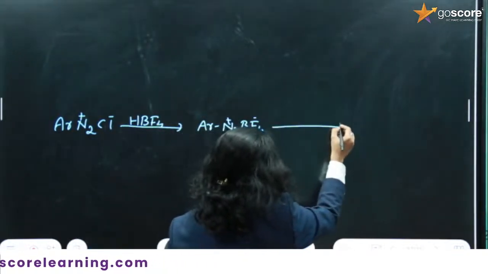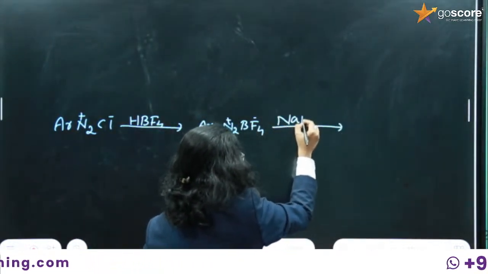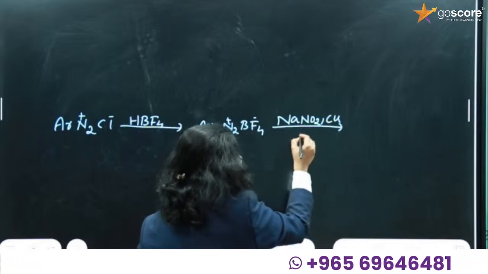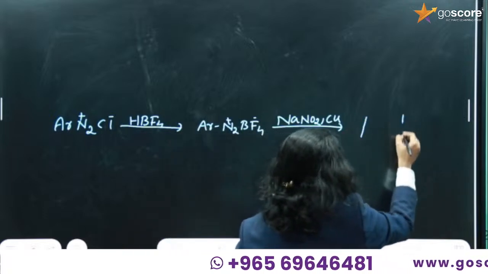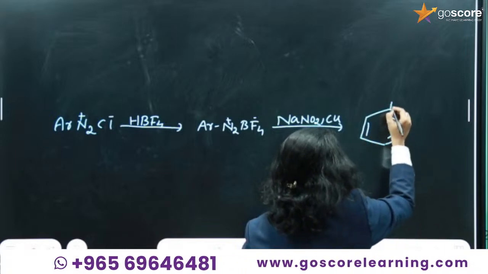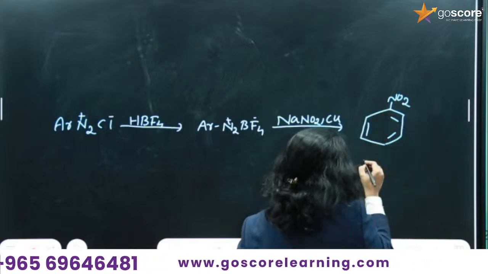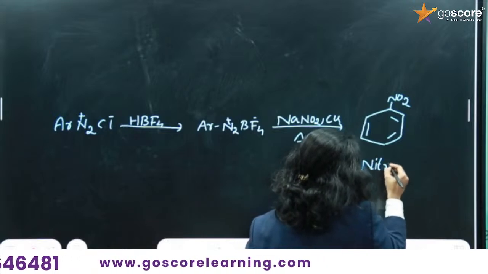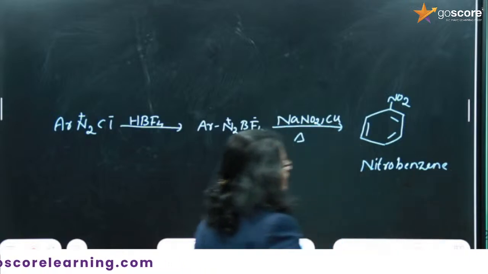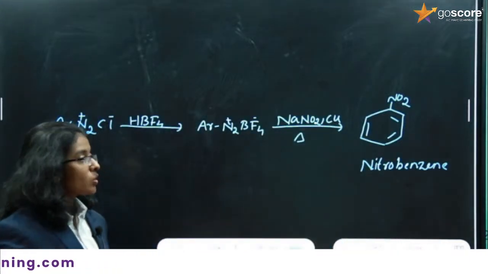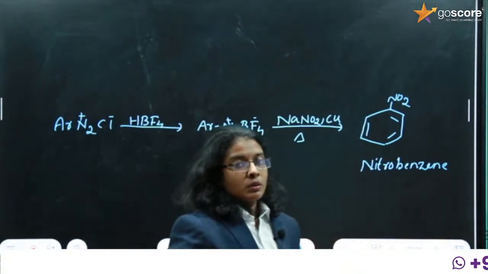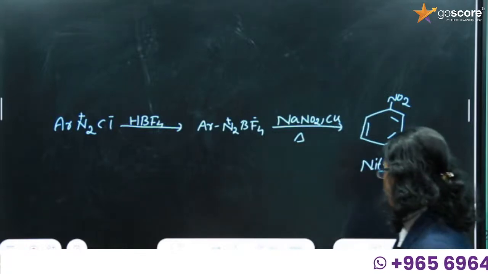This on treating with NaNO2 in presence of copper, then on heating you will get nitrobenzene. So this whole reaction set is very important for the conversion part. So I hope this is clear for you.